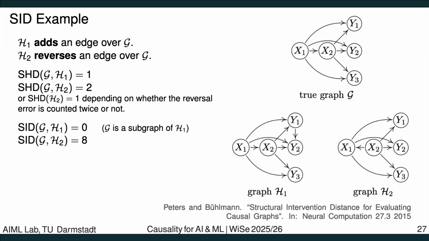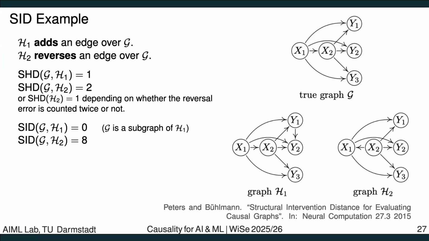The thing is, if we now look at the SID, which means, would we like to have H1 or H2 as a graph for predicting our causal queries, doing causal inference or whatever? The SID tells us we would definitely prefer this graph, H1, because it basically added an edge, but all our causal queries will be correct and unbiased if we recover this graph, and the true graph would be G1.